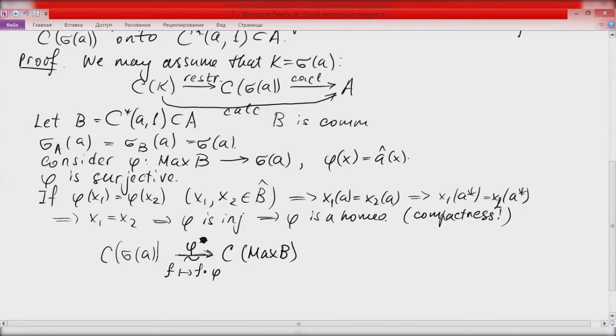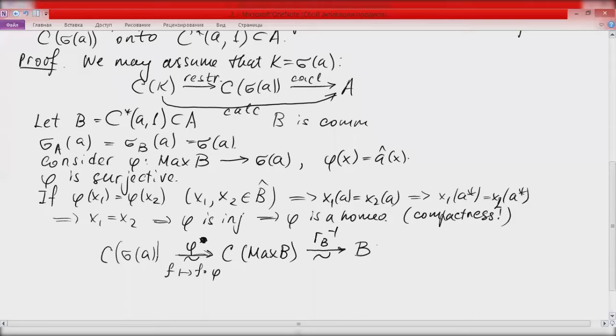Now the first Gelfand-Naimark theorem, which was proved at the previous lecture, gives us an isometric star isomorphism between B and the algebra of continuous functions on the maximal spectrum. Namely, the Gelfand transform of B is an isometric star isomorphism. So I can put here the inverse of the Gelfand transform of B, gamma B inverse, and this is also an isometric star isomorphism.